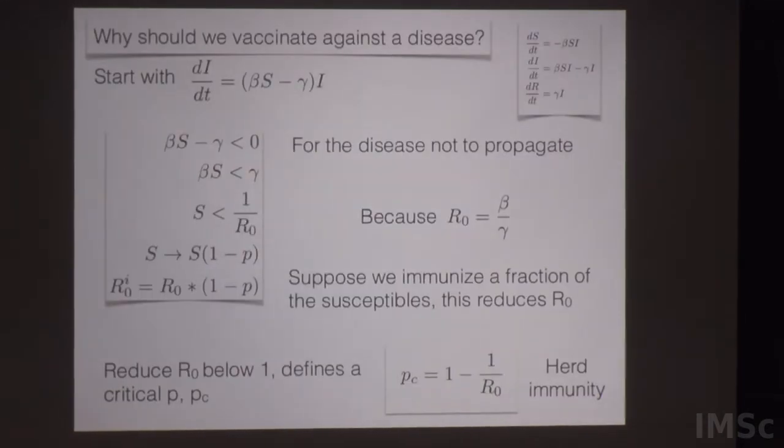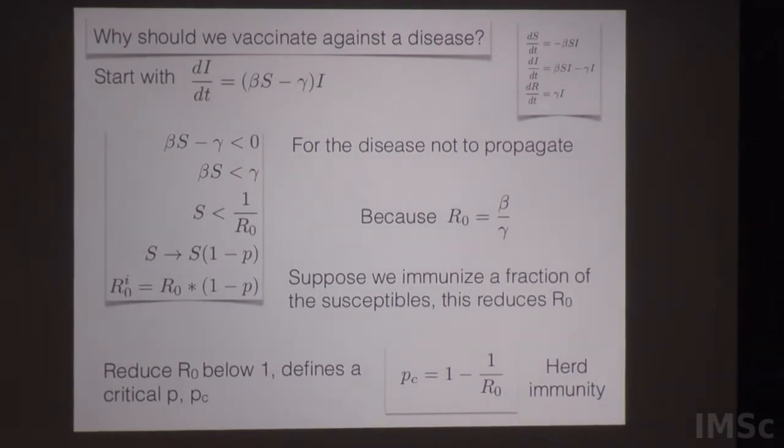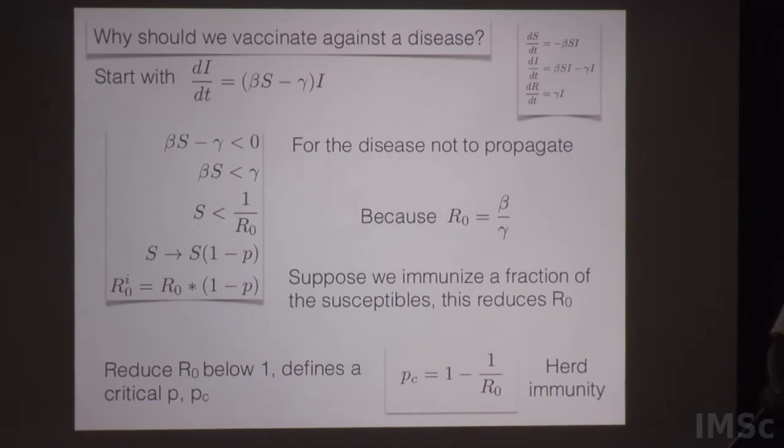So, now since we know this, we can say aha, S has to be less than 1 by R naught. Suppose I take my initial S and I now begin to vaccinate some fraction of them, let that fraction be P. Then the number of people left who are susceptible, who have not been vaccinated, is S into 1 minus P. If P is 0, everybody is susceptible.